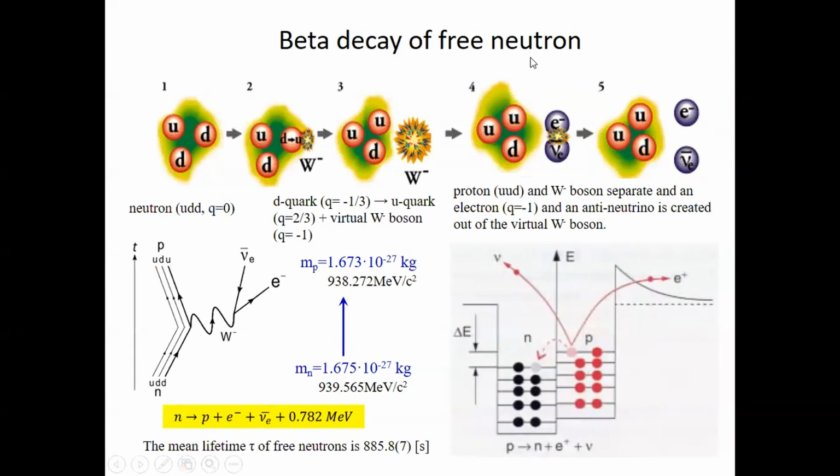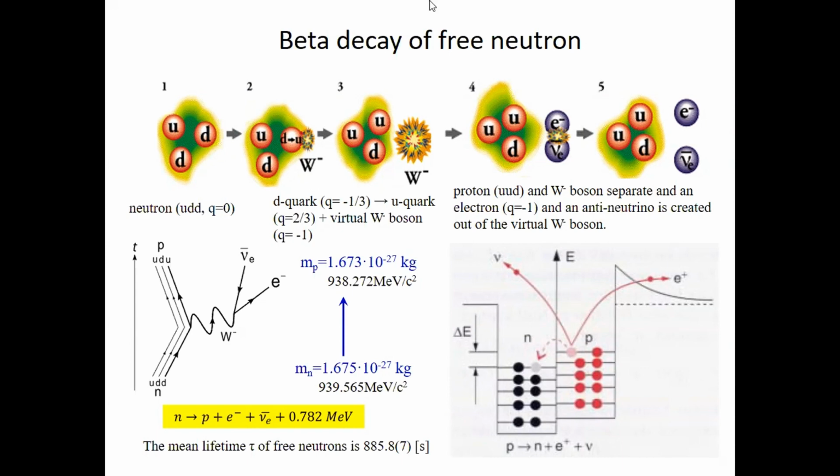Modern notion of beta decay: if we look at the beta decay of a free neutron, we can see these processes. One up quark, two down quarks, and then one up quark and another down quark, with this down quark getting converted into an up quark by the mediating particle, the virtual W minus boson.